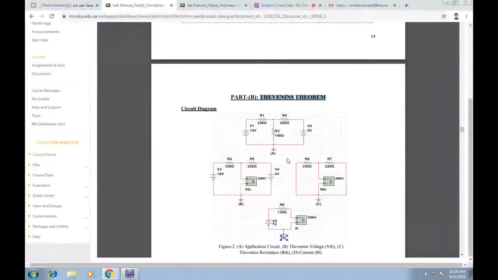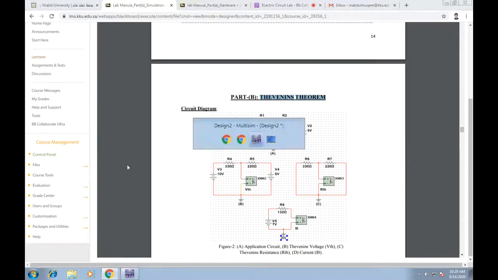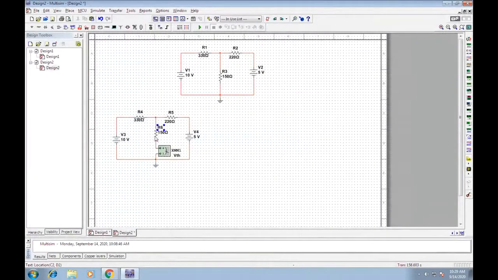Then we have to use this similar circuit, and in this you can see there is no R3. 150 ohms is not available. So from here, delete 150 ohms. From the second circuit, delete 150 ohms. And this is VThevenin.